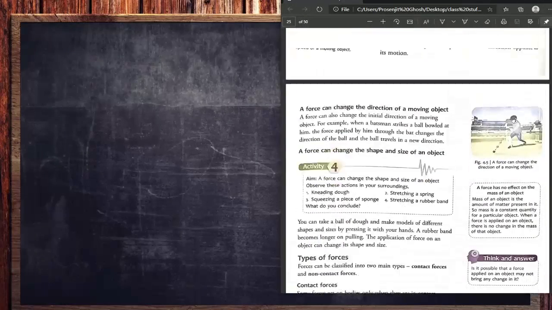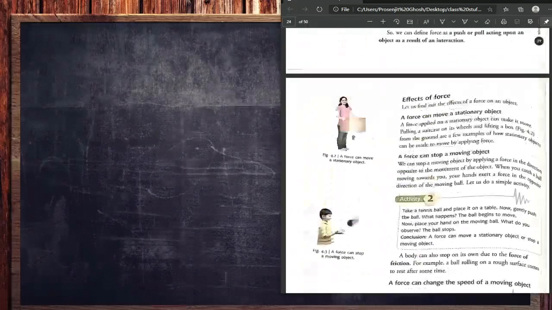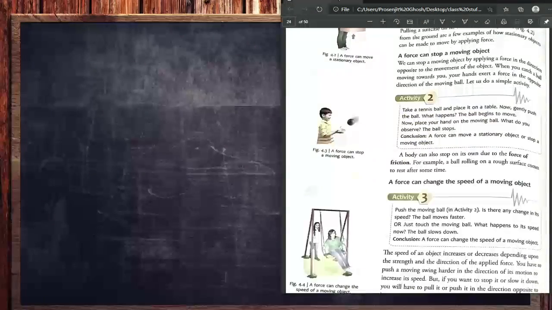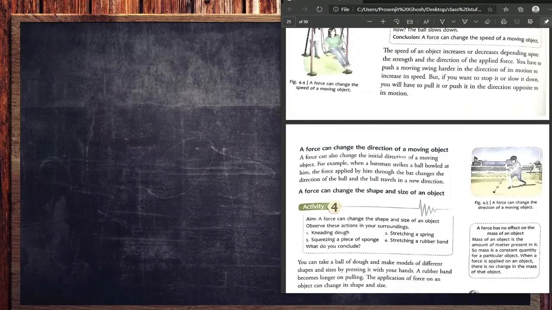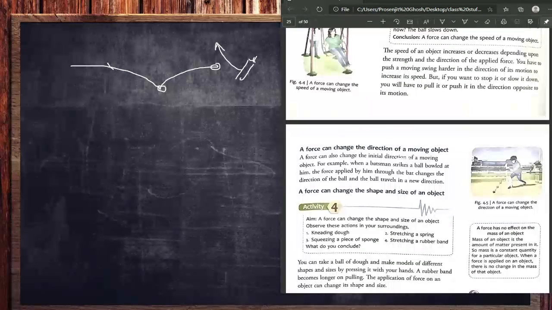There are a few properties or characteristics of force, and one by one I will discuss them today. A force can change the direction of a moving body. When a bowler bowls the ball, it hits the ground, then comes towards the batsman, and the batsman hits the ball for a six. See the motion of the ball.